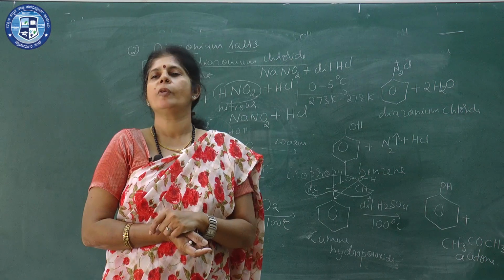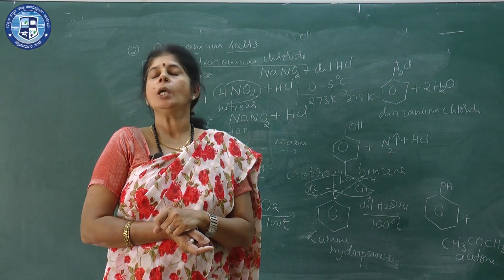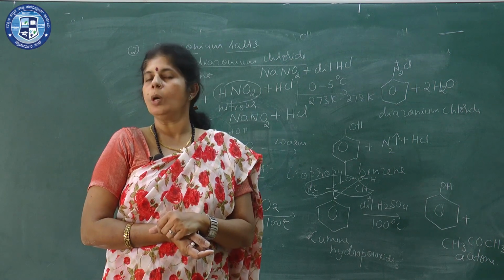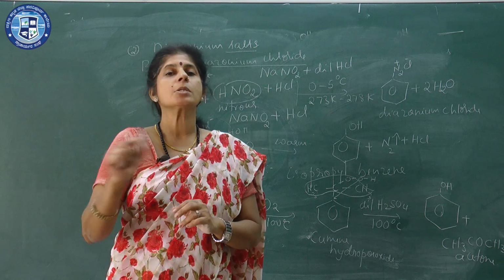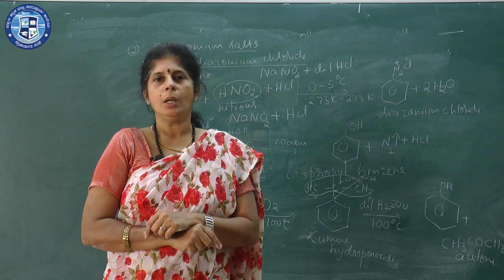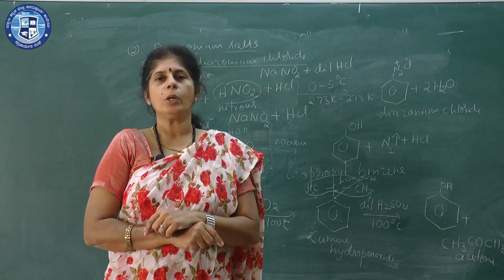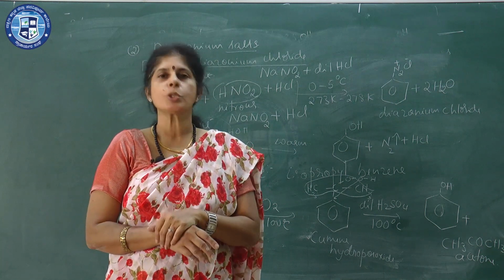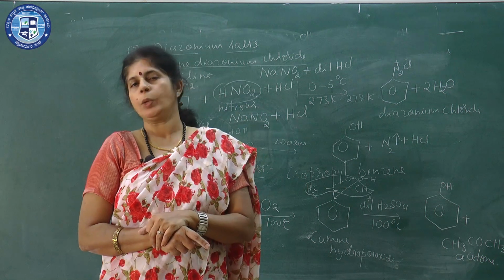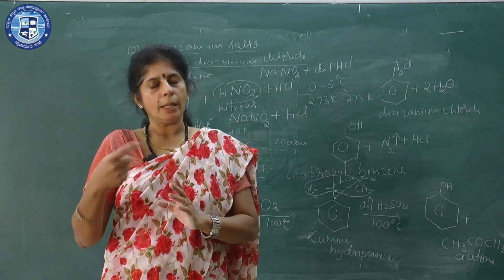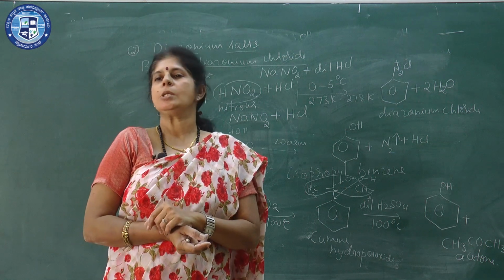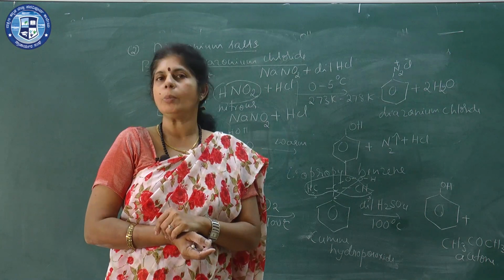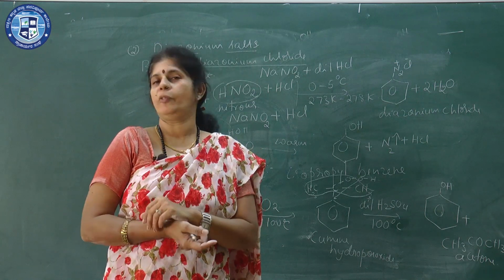Aniline is subjected to diazotization using HNO2, nitrous acid, but HNO2 is unstable. You cannot prepare and store it, so instead you use a mixture of NaNO2, sodium nitrite, and dilute HCl. Then the obtained benzene diazonium salt is warmed with water to get the phenol.